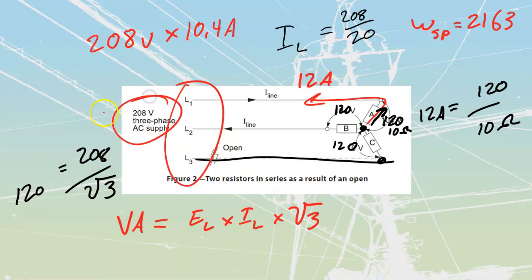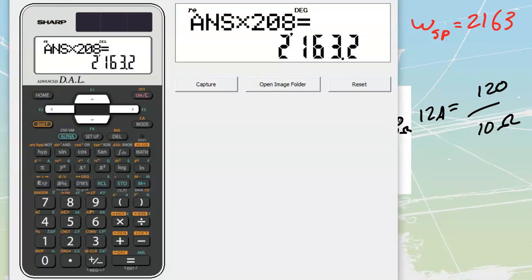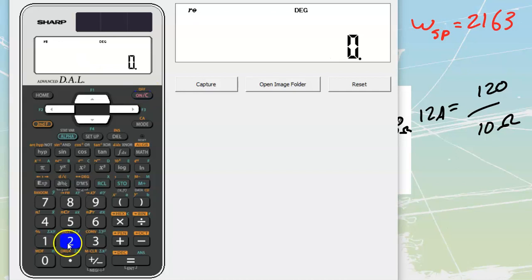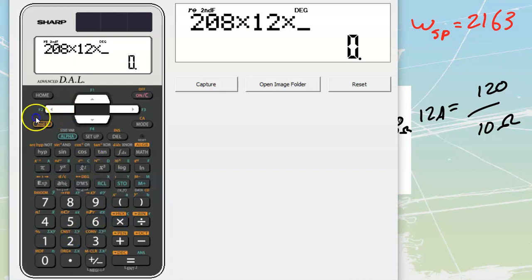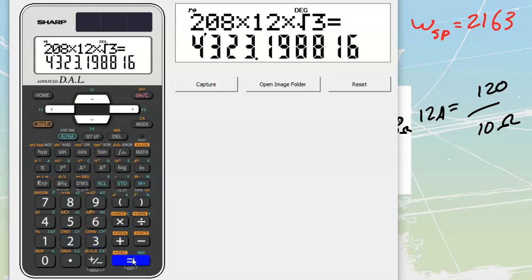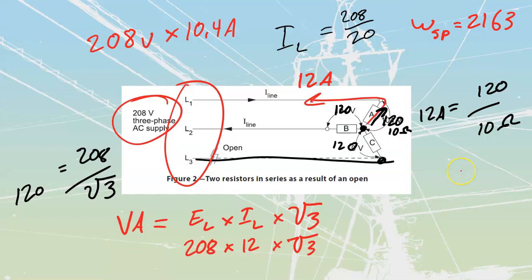Our line voltage is 208, our I line is 12, and root 3 is 1.732. 208 times 12 times root 3 equals 4,323.